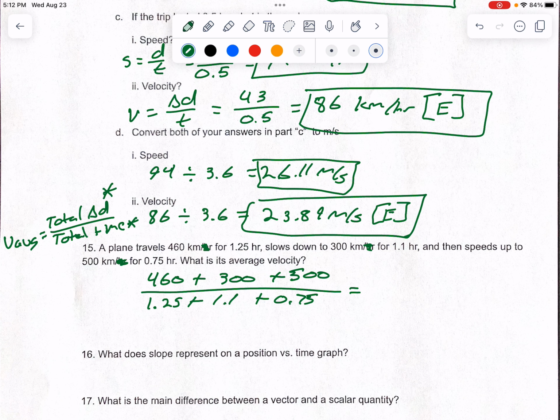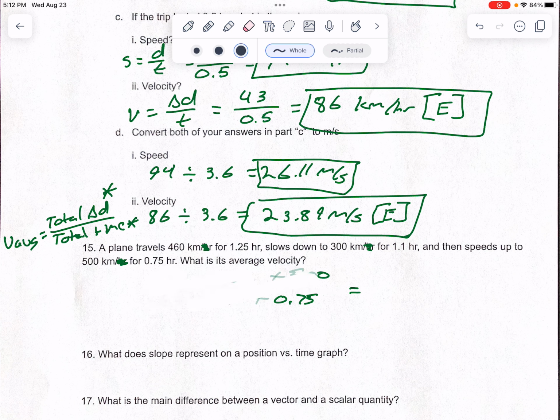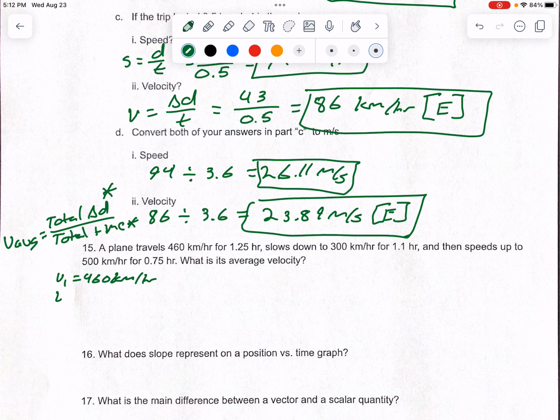This one I didn't. So this one is a little bit more of the trickier one. Let me erase this real quick. We'll go back to what we had. So my velocity 1 is 460 kilometers per hour, and my time 1 is 1.25 hours.